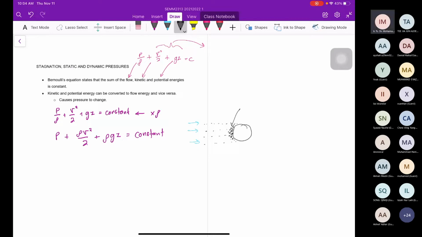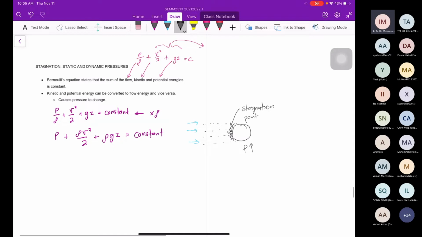When someone tries to move in the opposite direction through a bulk of things, you will feel very high pressure, right? So this is considered stagnation. Of course, the pressure is greatly increased because you have a bulk of fluid particles hitting you. So the pressure felt by the ball is increased.